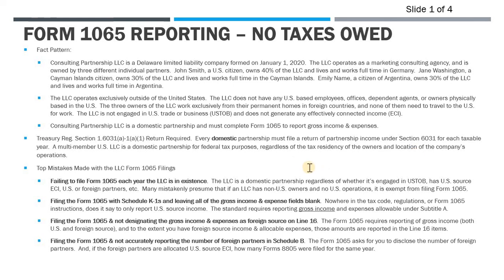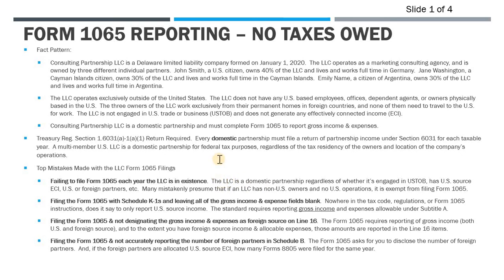It's a multi-member LLC, so that's treated as a partnership for federal tax purposes, and it's domestic because it's a U.S. entity. It does not matter that the entity operates exclusively from outside the U.S. It doesn't matter that it has owners that are all based outside the U.S. It doesn't matter that all the income is going to be foreign source income. It's still a domestic entity for purposes of the Form 1065 filing requirements. So it's got to file it.